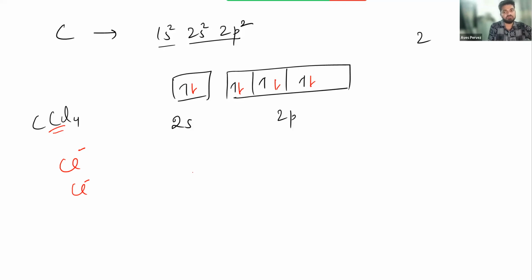Understood? Yes. Check whether AlF6 3- is possible or not.